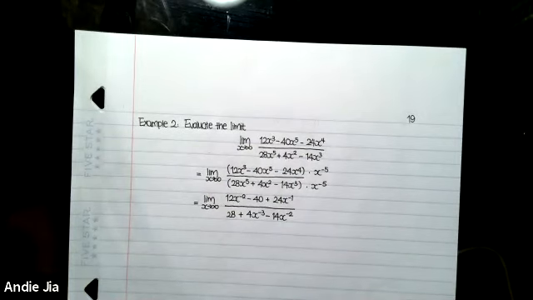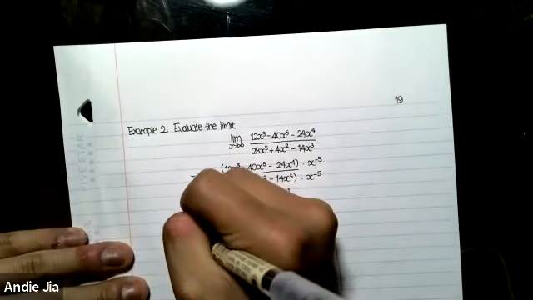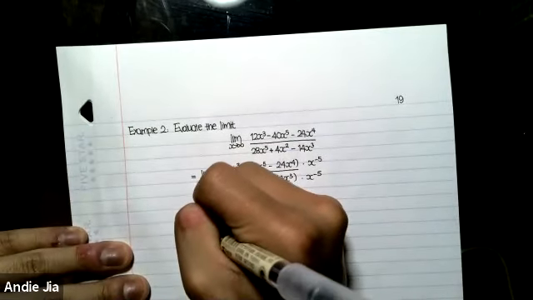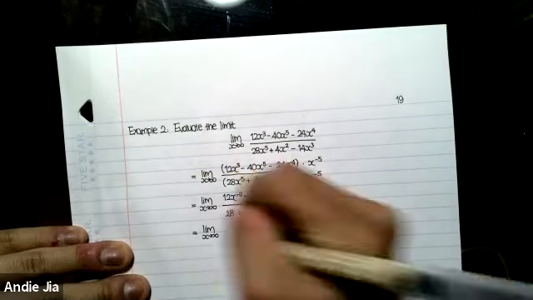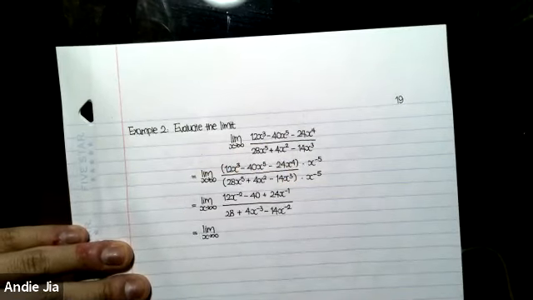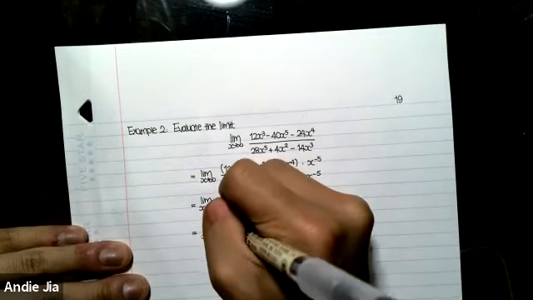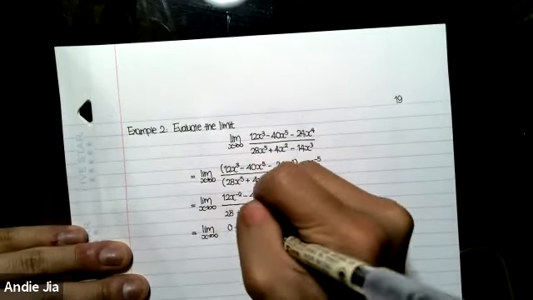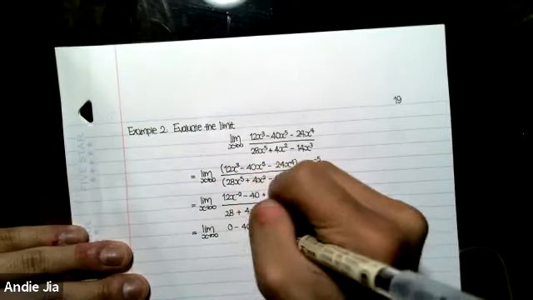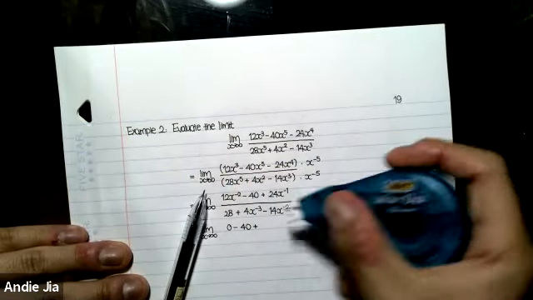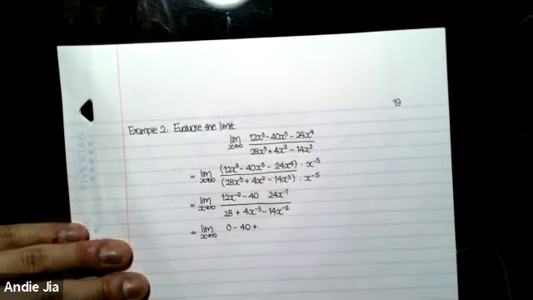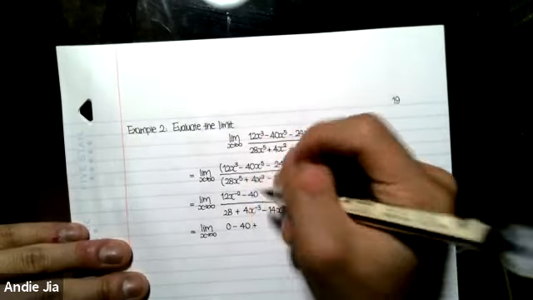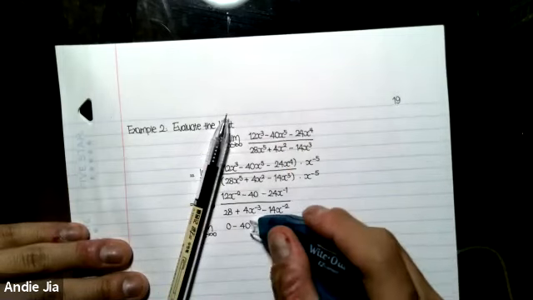It is a 0, 0, 0, and a 0. It's like a 0 minus 40, then minus. Be careful of those mistakes. I apologize for it.